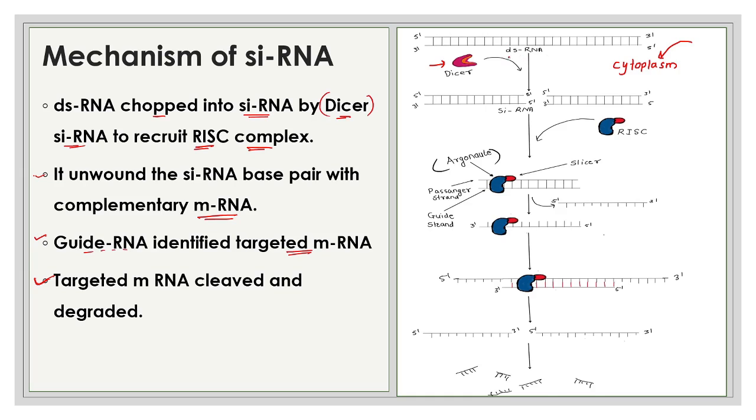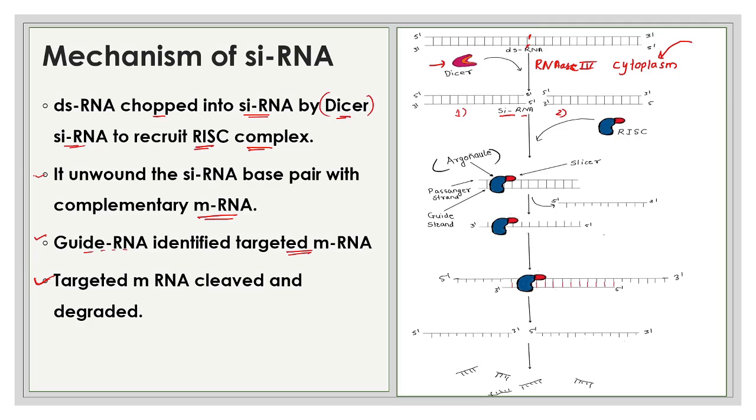When the double-stranded RNA comes into the cytoplasm, Dicer cleaves it and forms siRNA. You can see in the diagram two short stretches of siRNA inside the cell. Dicer performs RNase III activity. As I already told you, RNase III has endonuclease activity and cuts double-stranded RNA.